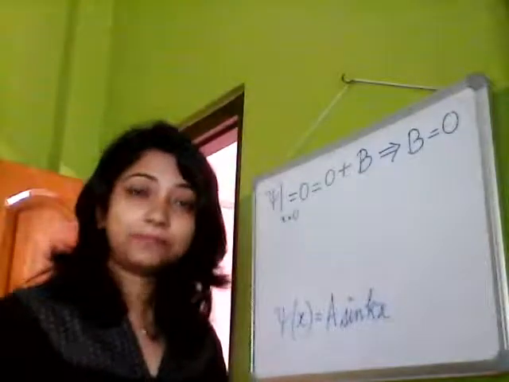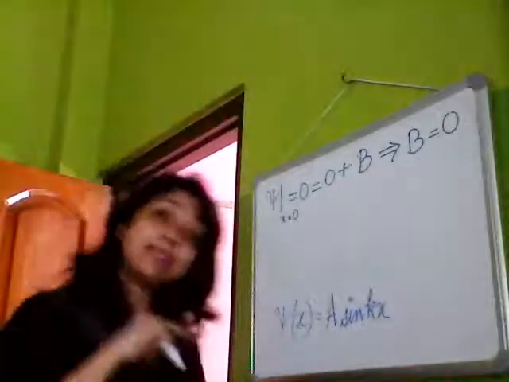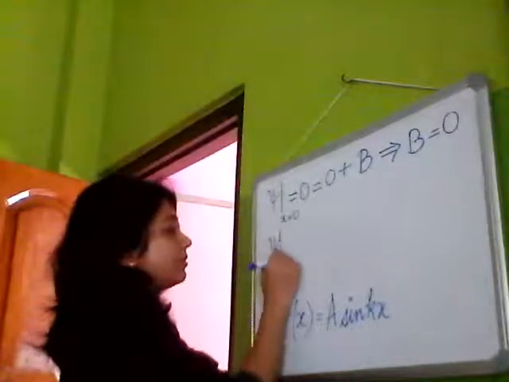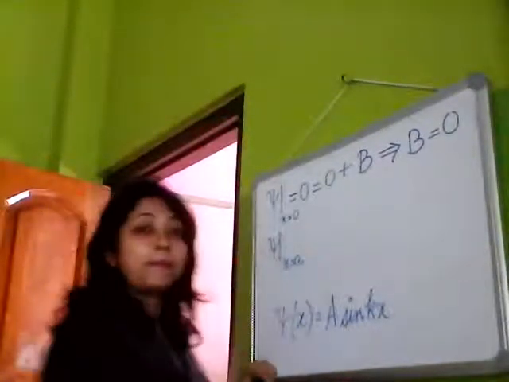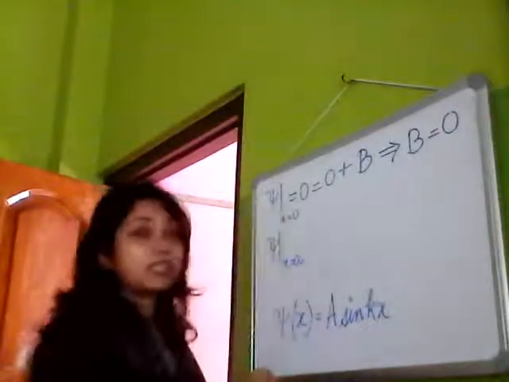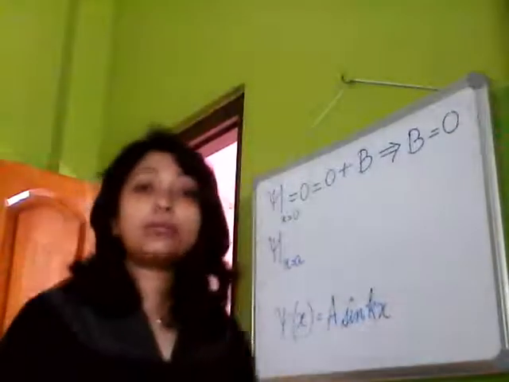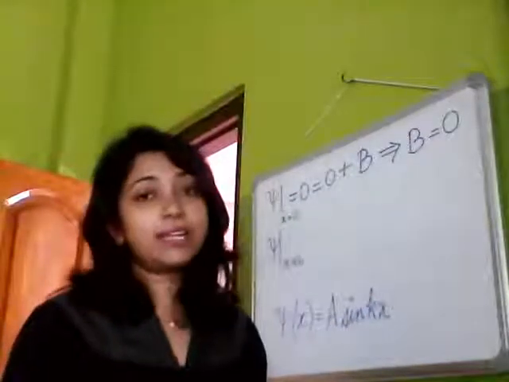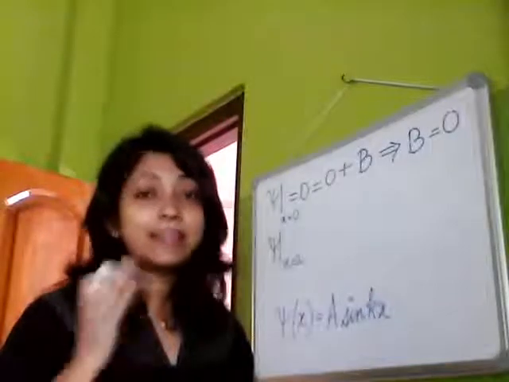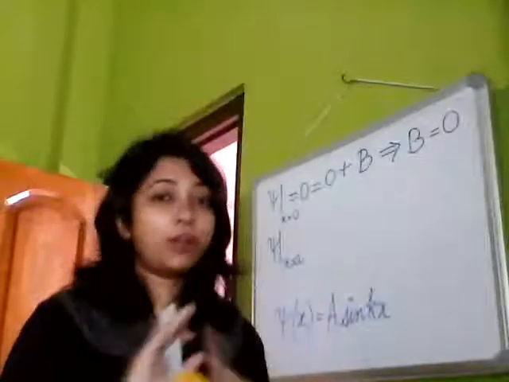And what is it? Now we will go to the second boundary. And what is that? x is equal to a. Following the same logic as I had told you about x equal to 0, at x equal to a also, the potential is getting the value of infinity. So if the potential is infinite at x equal to a, particle will not be present there.